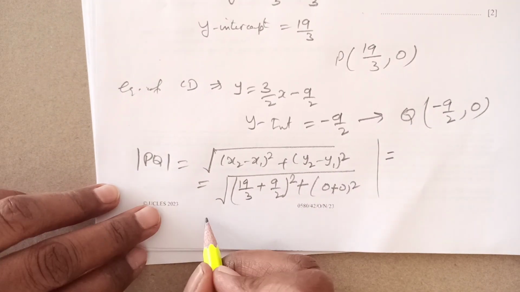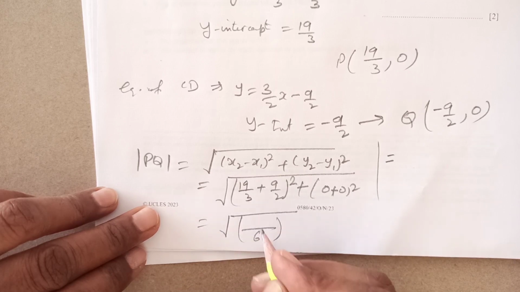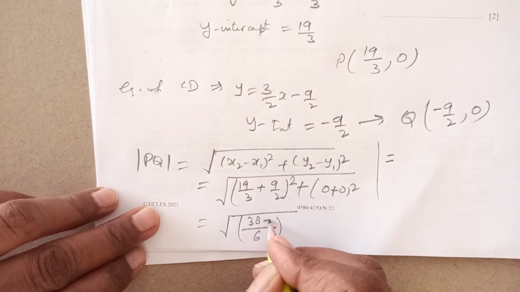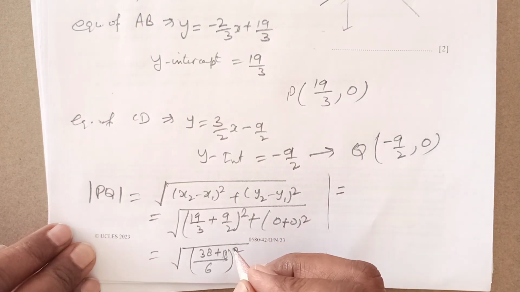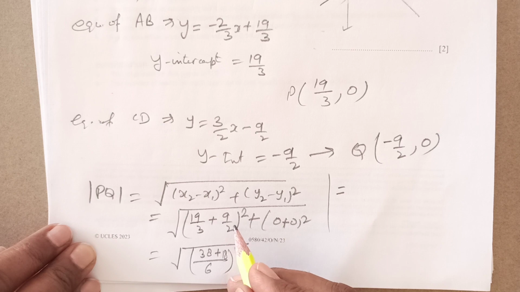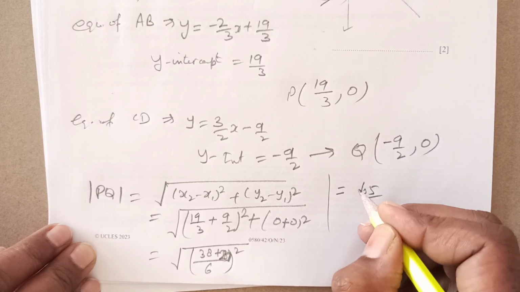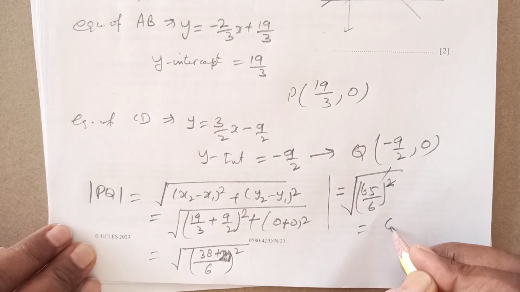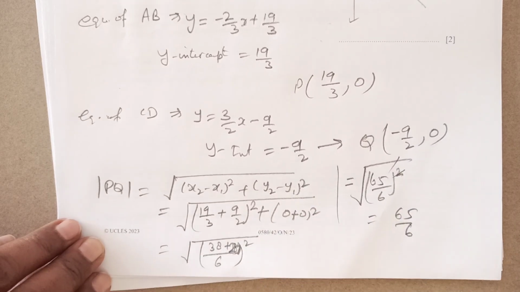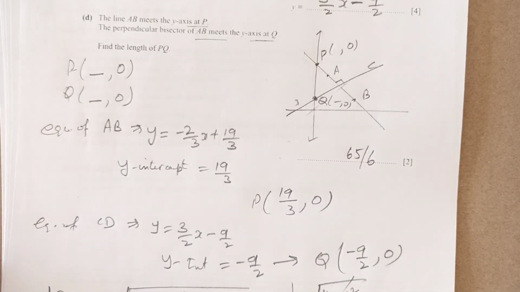So 3 times 2 is 6. So 19 times 2 is 38 plus 9 times 3, 27, so this is going to be 65 over 6, squared, and square root, plus 0. So this and this go. So 65 over 6. That is the final answer. 65 over 6.